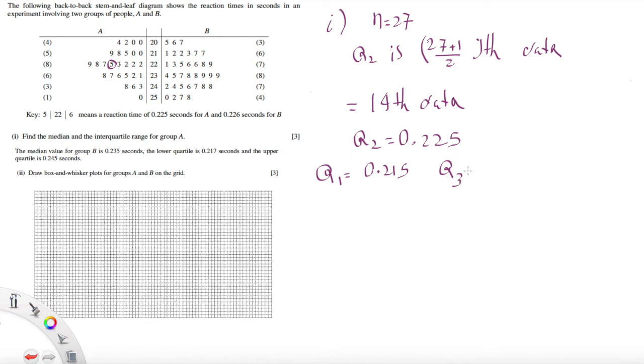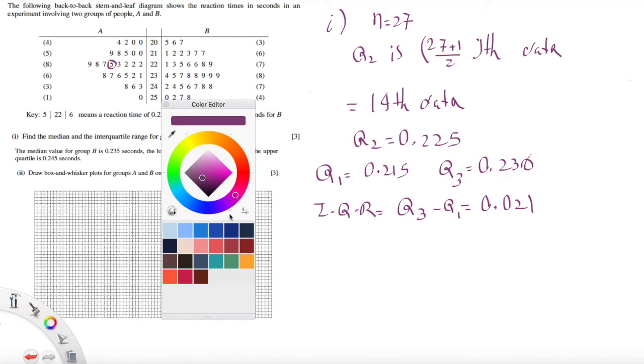Likewise, Q3 again will be the 7th data, but in the second half. 1, 2, 3, 4, 5, 6, 7, which is 0.236. Now, the interquartile range is the difference between Q3 and Q1, which will give you an answer of 0.021 for the first part.